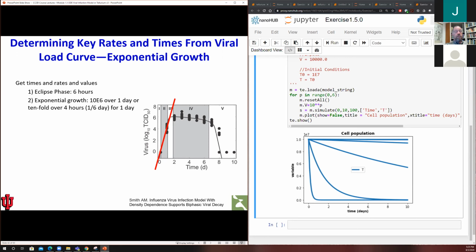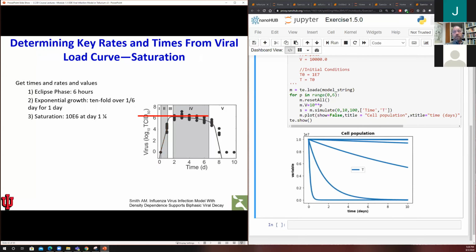And that goes on for about a day. And the time over which a phase lasts is important, those we have to note. And the rate of exponential growth or decrease is something we have to note. So we're basically reading off all of the information from this graph that we can find.